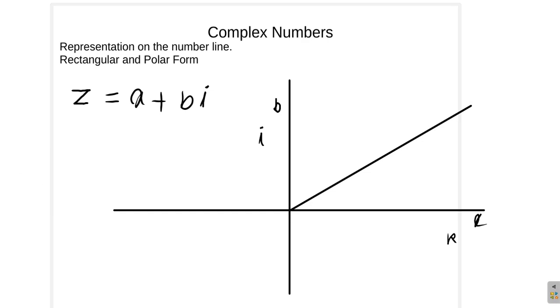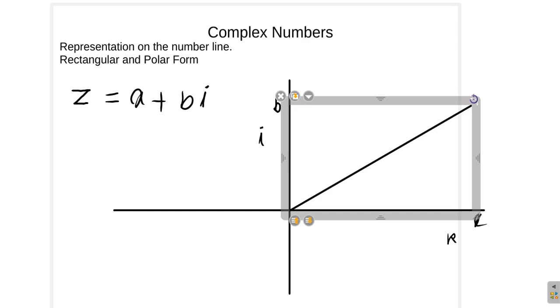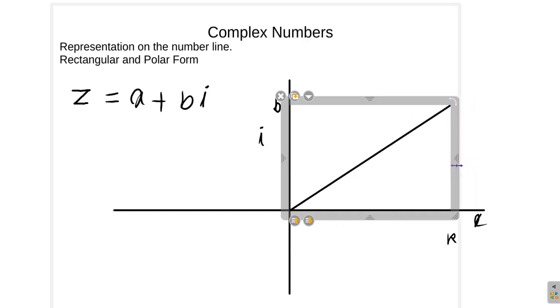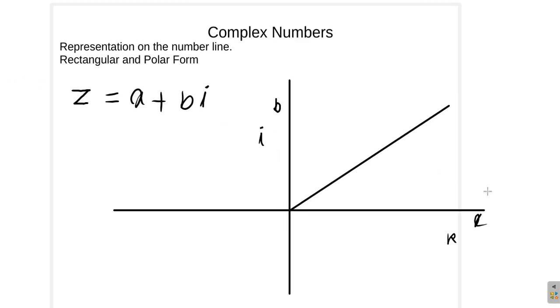Now we have a plus bi on our diagram. Let's shorten it a bit now. a plus bi. So that's what we have. Our a is further up here.